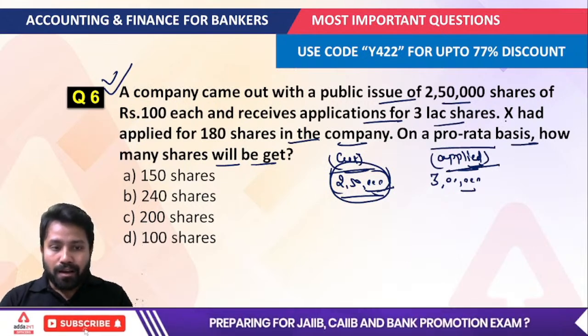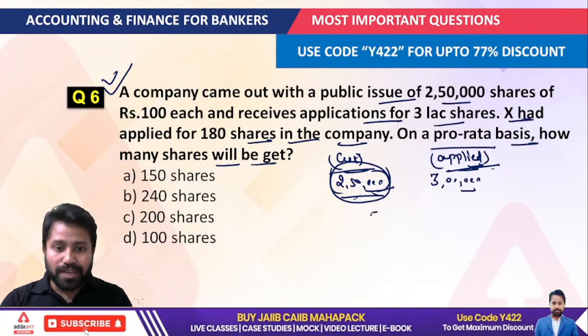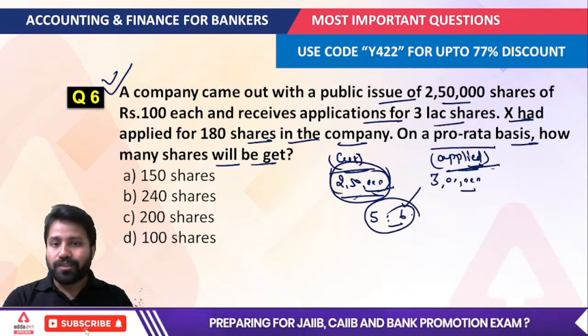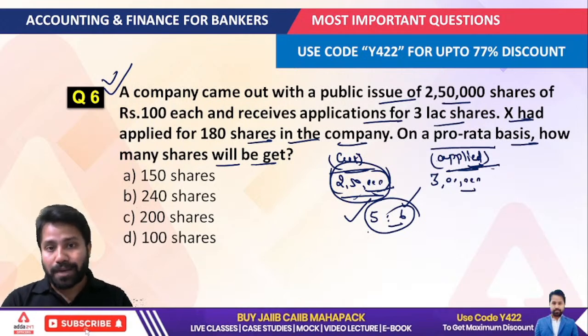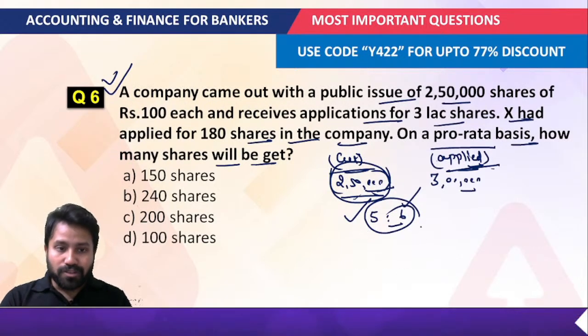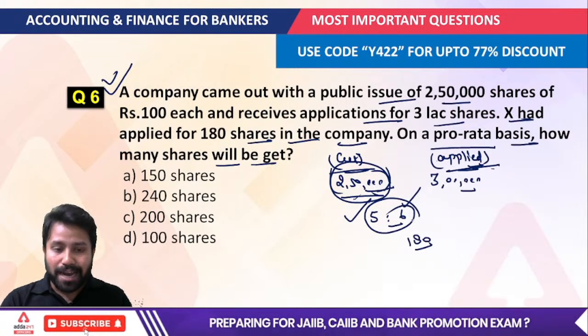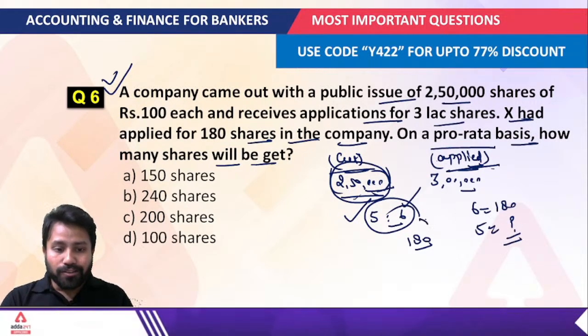Now X had applied for 180 shares. So what is the ratio of that? You can understand this is a ratio of 5 to 6. That means if any shareholder applies for 6, he is going to get 5 shares in respect of that. So suppose X applied for 180 shares. If the value of 6 is 180, what would be the value of 5?